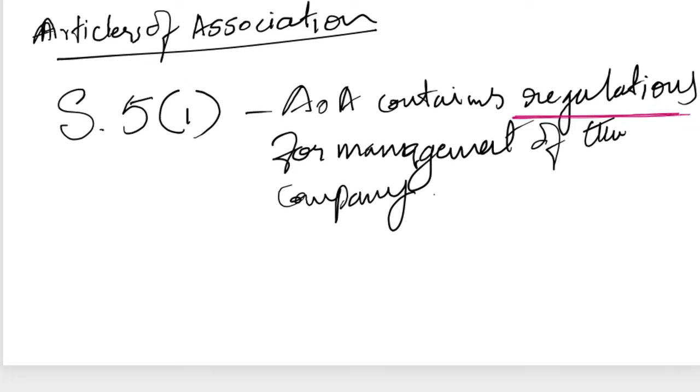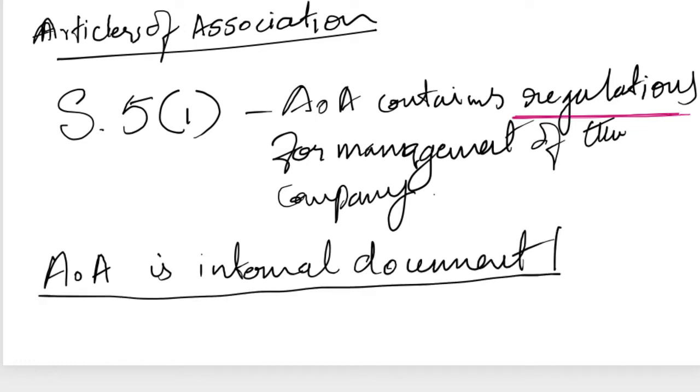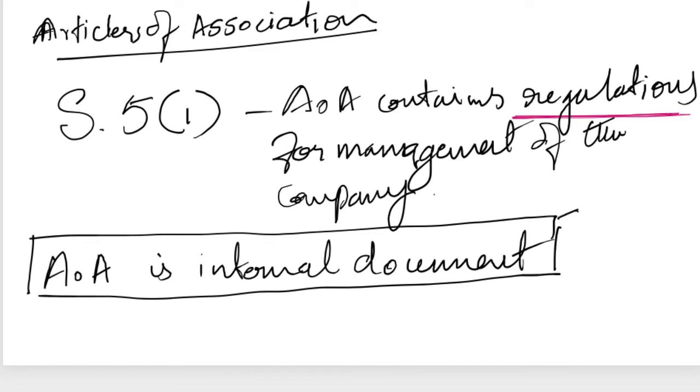Articles of association, AOA, is an internal document which shall not be given to outsiders. Understood? It is definitely an internal document.